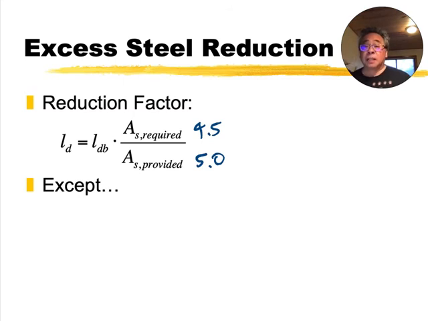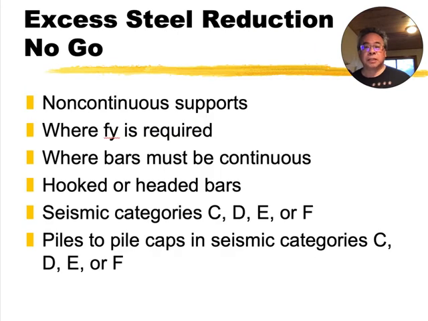However, you're not allowed to do this reduction for these reasons. Okay, so if any of these things happen, you cannot do that reduction I just talked about. Non-continuous supports, where you need the fy, where the bars must be continuous, if you have hooked or headed bars, or if you're in your seismic categories C, D, E, or F.